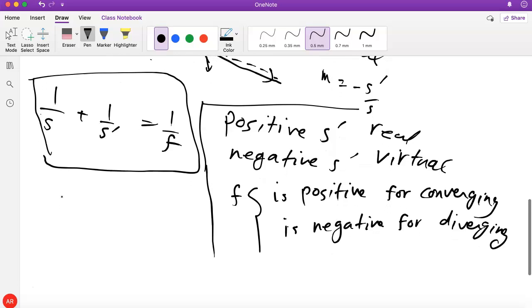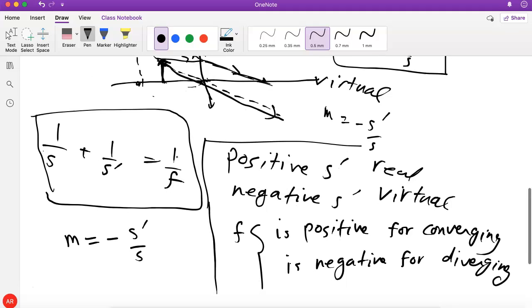And we also have the definition of the magnification, which is minus s prime over s. And then we have to be careful about what these signs mean about whether the image is real or virtual, and the sign of f is determined by whether the lens is converging or diverging.